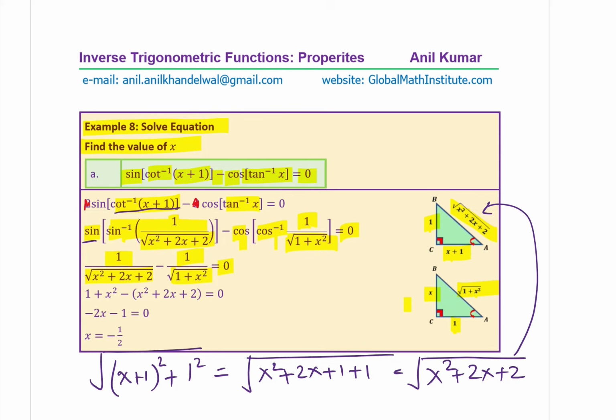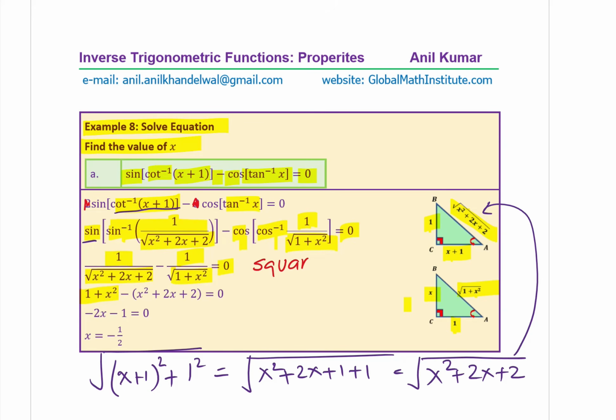You can multiply by the common denominator, or rather we'll first square it, right? So to square, what you have to do is you take it to the right hand side and then square, right? So that'll be better.